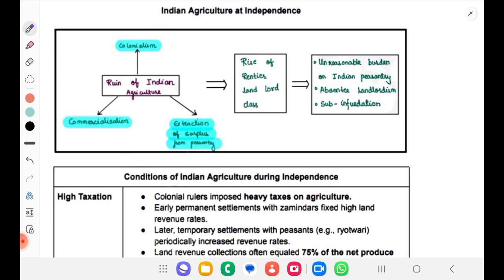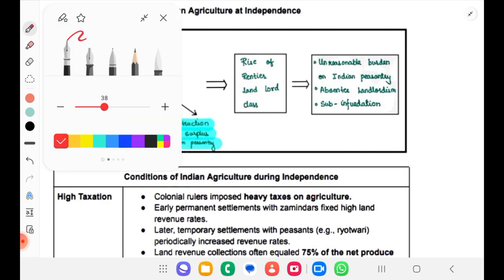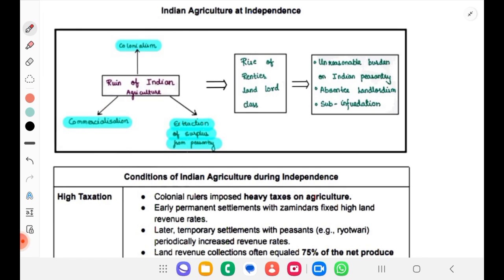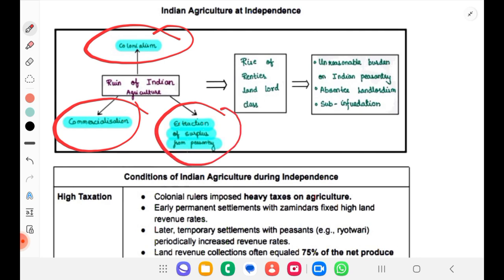So how did Indian agriculture get affected at independence and before independence? If we see, Indian agriculture got ruined during the British era. Why? Because of colonization, commercialization of agriculture, extraction of surplus from peasantry.